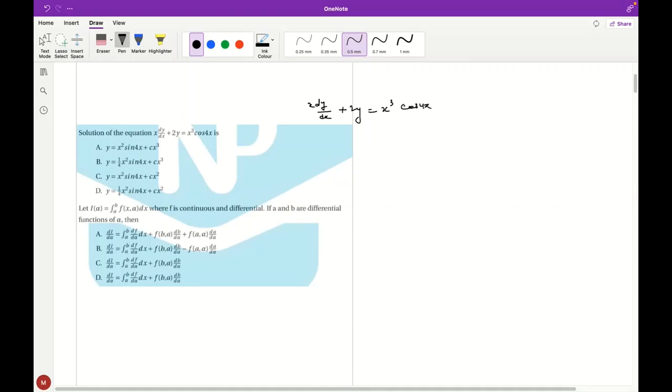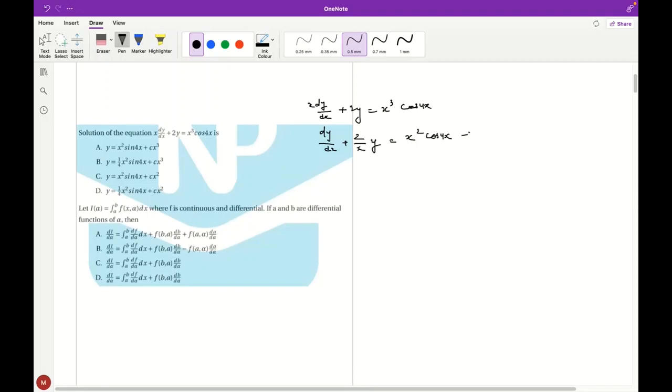We can see that this is a familiar differential equation. So divide this equation by x, which we get dy over dx plus 2 over x y equal to x square cos 4x.